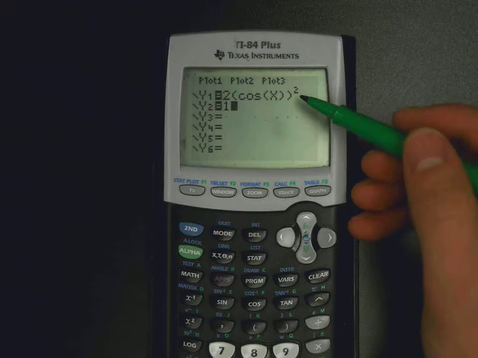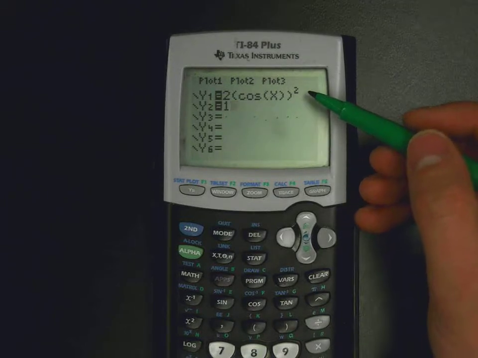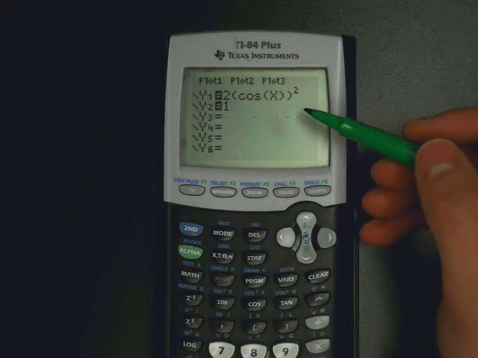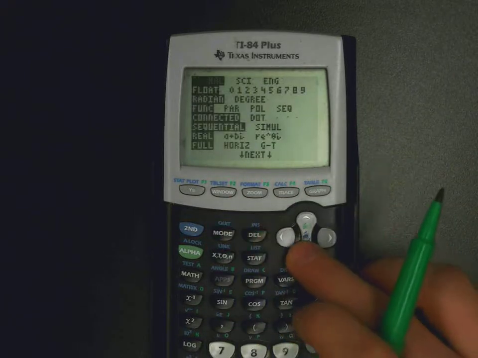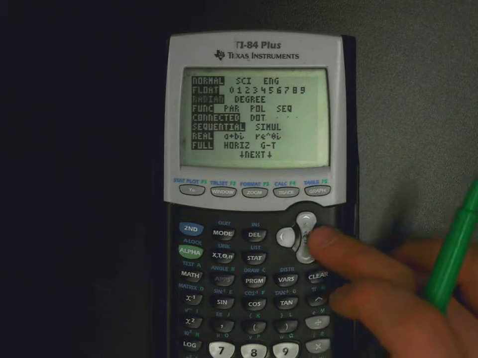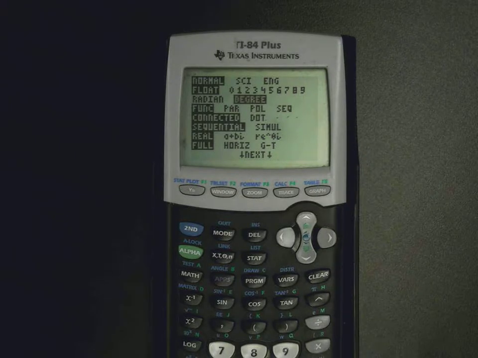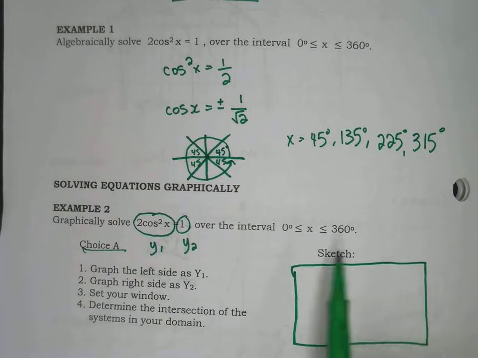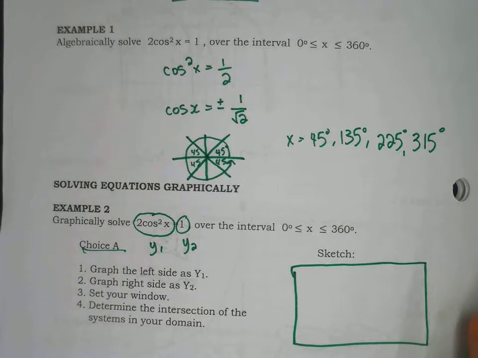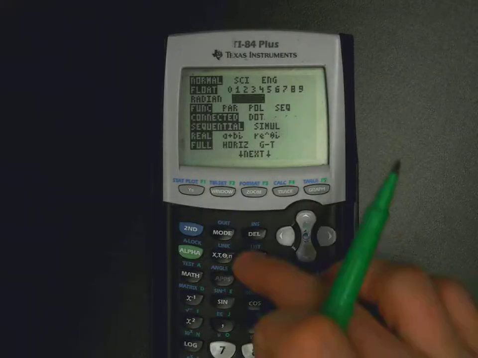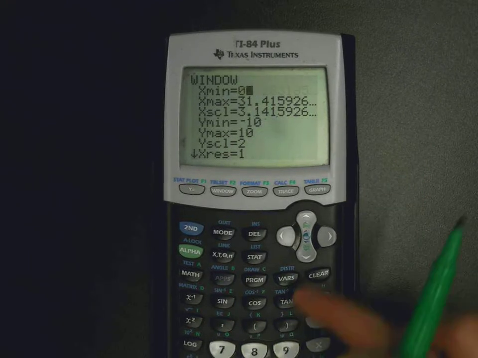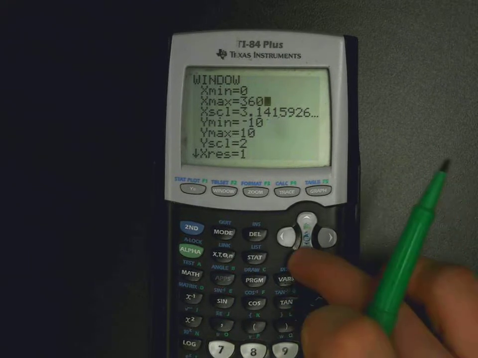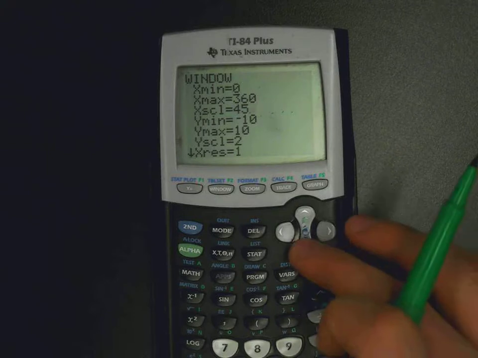Now I really don't know what 2 cos squared looks like. Does it go up to 1, down to negative 1? Maybe not. But what we can do is make sure that we're in a mode that makes sense. And this question currently says between 0 and 360. So we're going to set our window to go between 0 and 360 and be in degree mode. So 0 to 360, maybe a 45-degree scale.